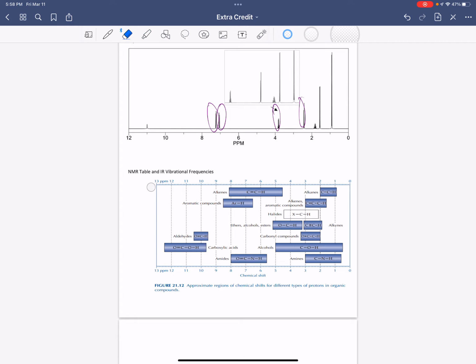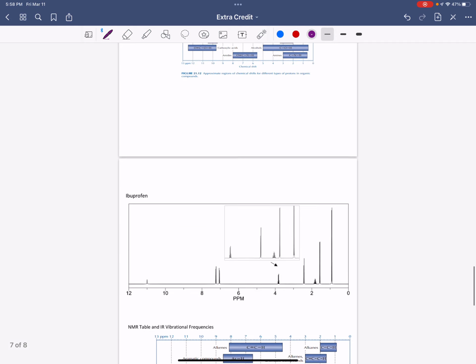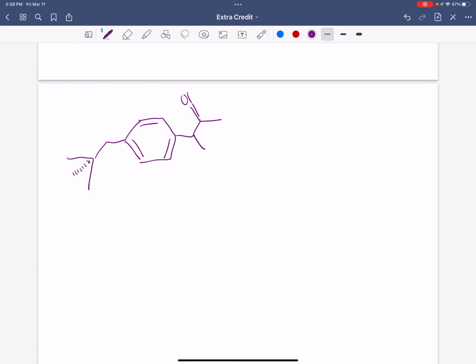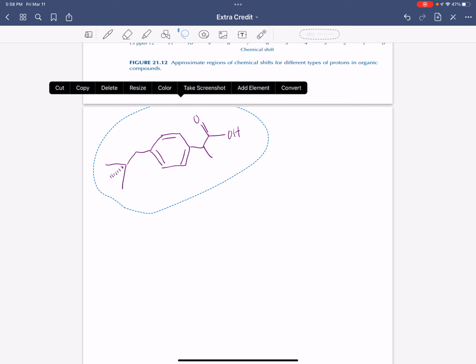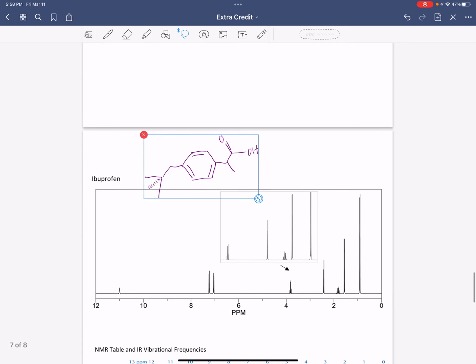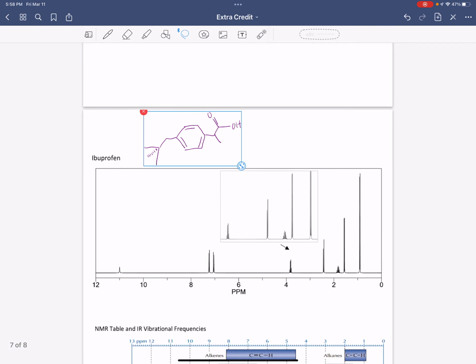So I'll draw the structure of ibuprofen here. Okay, so here is our structure.